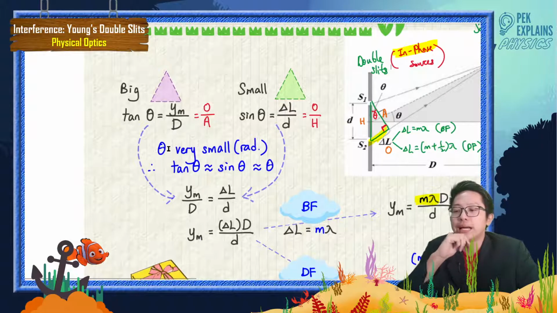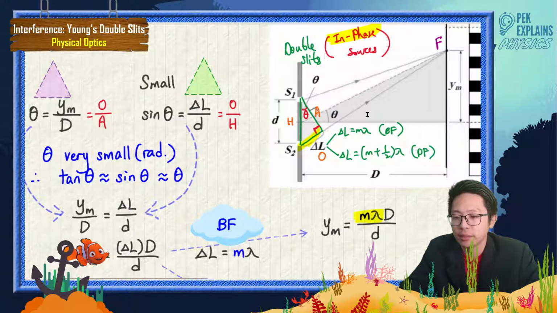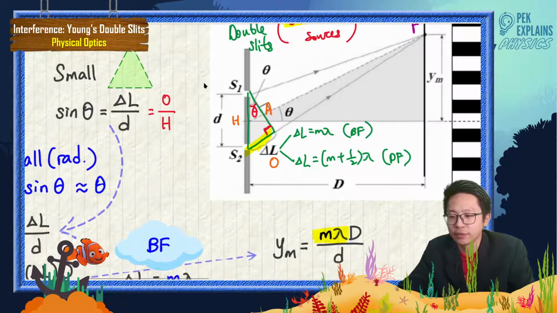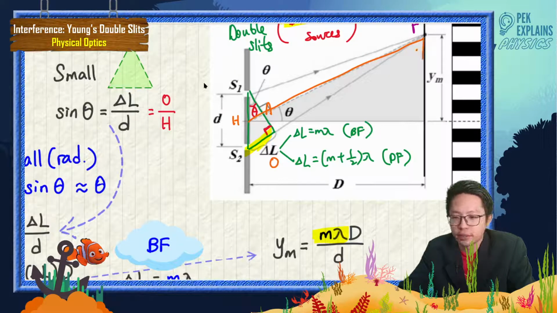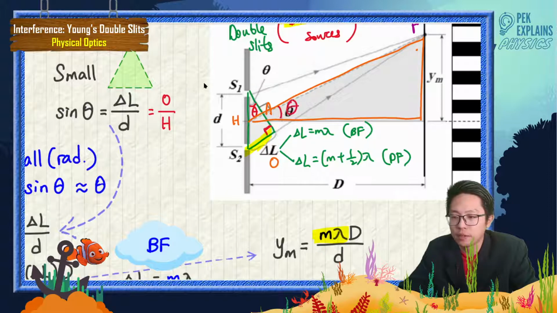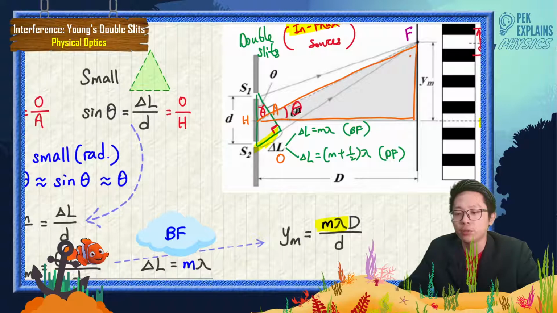You see, this theta actually is this. The theta over here, you can see this is the small triangle, and this is the big triangle. You can see the big triangle over here, and this is the theta. These two angles, this theta and this theta, are the same angle.